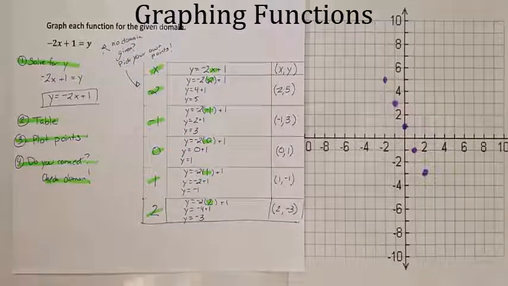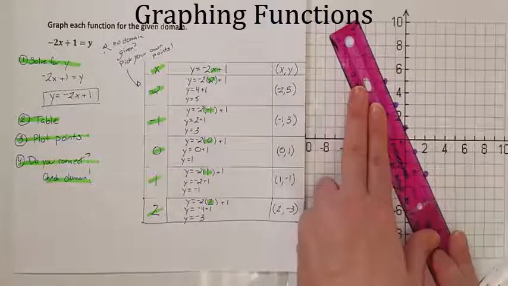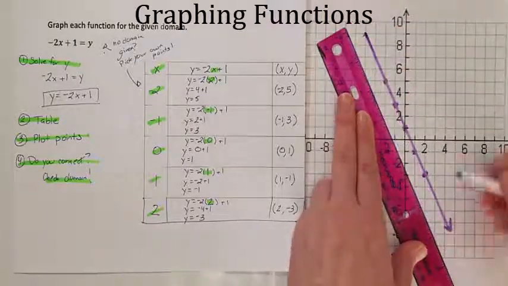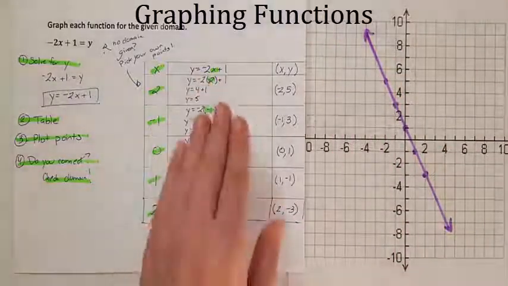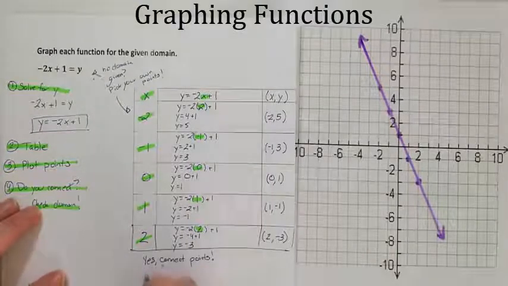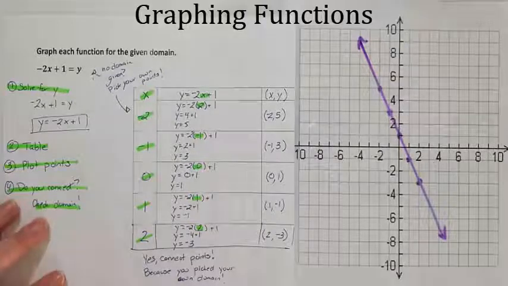If you are not given a domain, that means that you need to connect the points, because that meant any x value could have been used and could have been tested. So you need to connect all of the points. So this is what our line would look like for this rule. So yes, we ended up connecting our points. Why? It's because we ended up picking our own domain. When you pick your own domain, you need to connect your points.